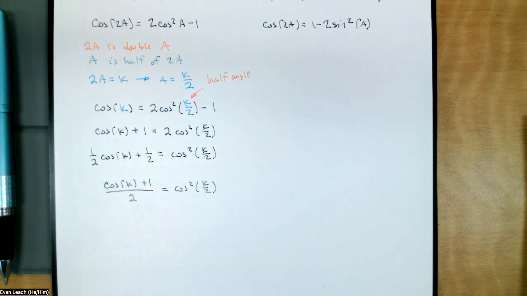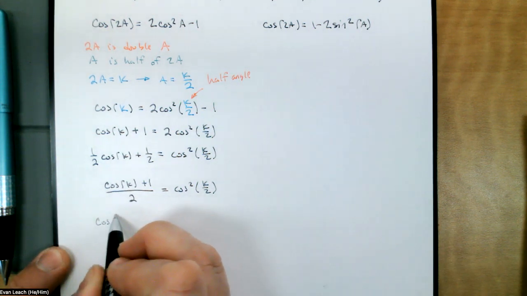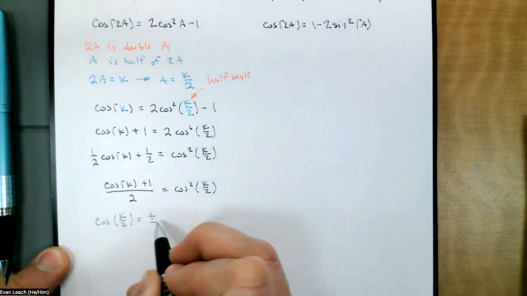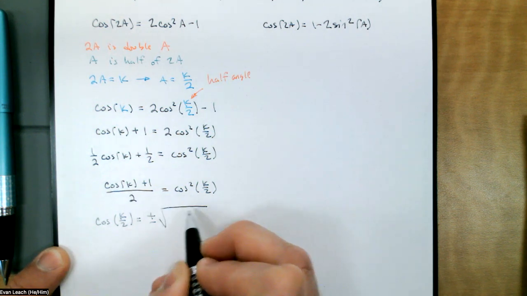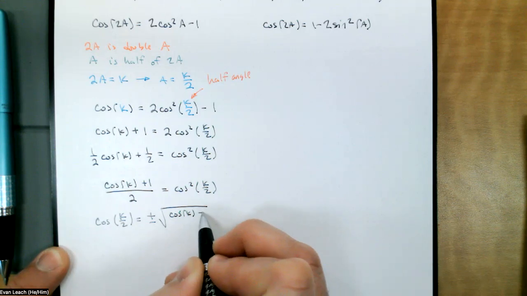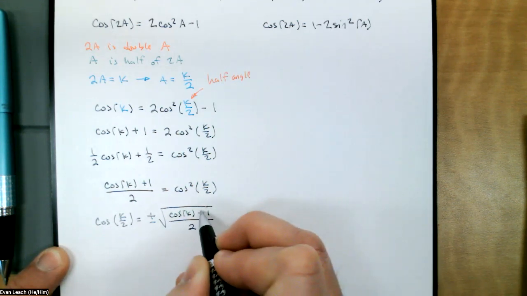So now we have to do the square root part. When we're undoing an even exponent, that's where the plus and minus shows up. So cosine of K over 2 is plus or minus the square root of cosine K plus 1 over 2.